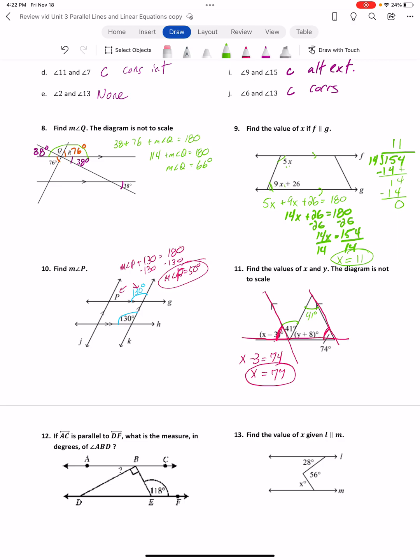And I know another thing. Since this angle is 74, I know that these three angles add to 180. So I know 74 plus 41 plus y plus 8 is equal to 180.